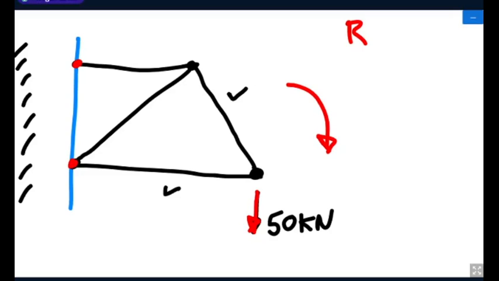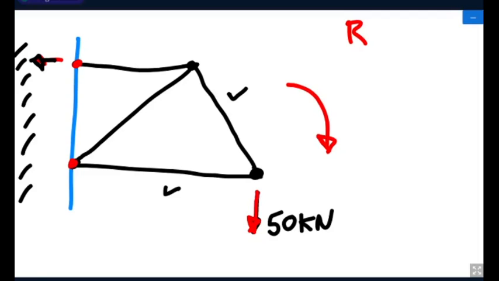What has there got to be going this way? What has there got to be going that way, to stop this thing coming off the wall? Got to be something going that way. Not a trick question. One force going that way, which means we've got what going the other way?